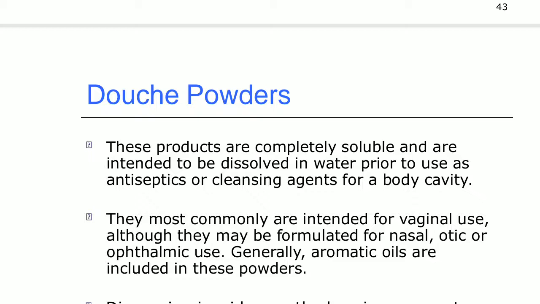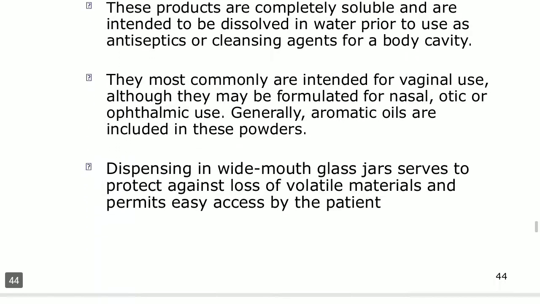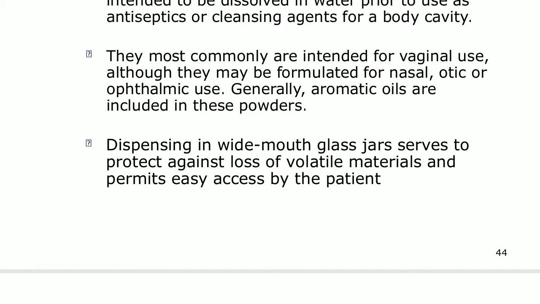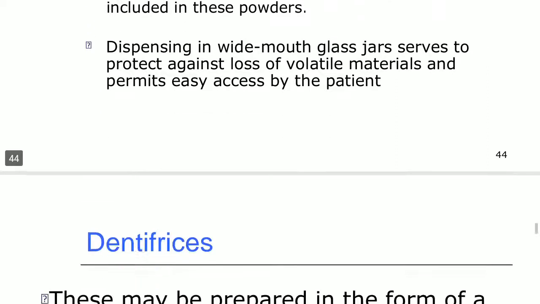Generally, aromatic oils are included in these powders. Dispensing in wide-mouth glass jars serves to protect against loss of volatile materials and permits easy access by the patients.